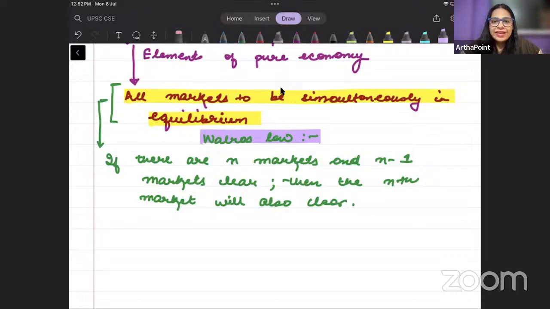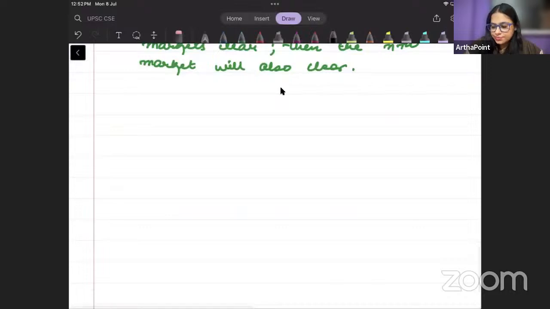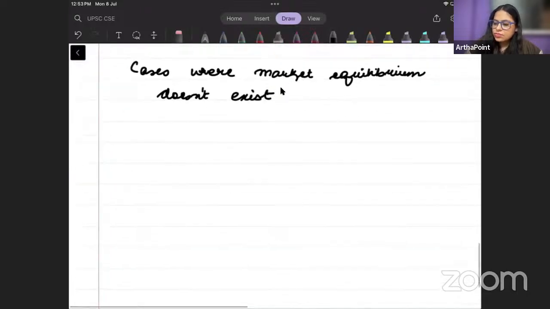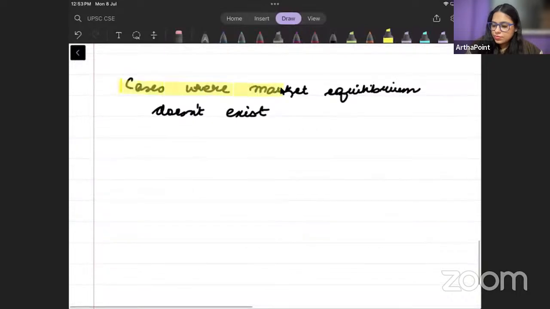Now what we can go ahead and do is, let us take two cases where market equilibrium doesn't exist. Right, beta?